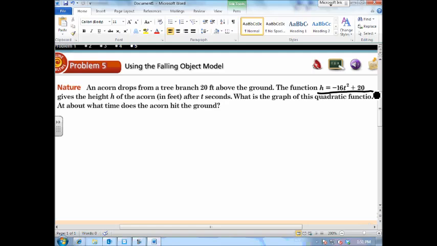That function gives the height h of the acorn in feet after t seconds. Again, from the beginning: an acorn drops from a tree branch 20 feet above the ground. The function h equals negative 16t squared plus 20 gives the height h of an acorn in feet after t seconds.